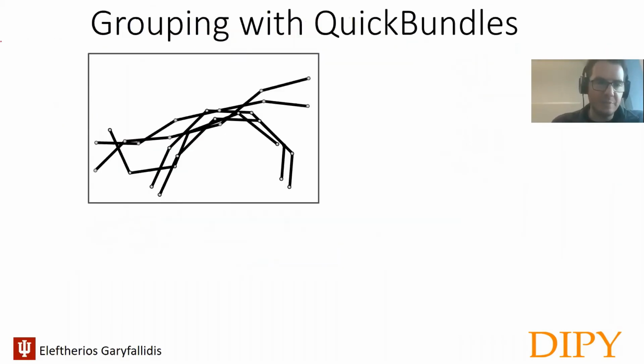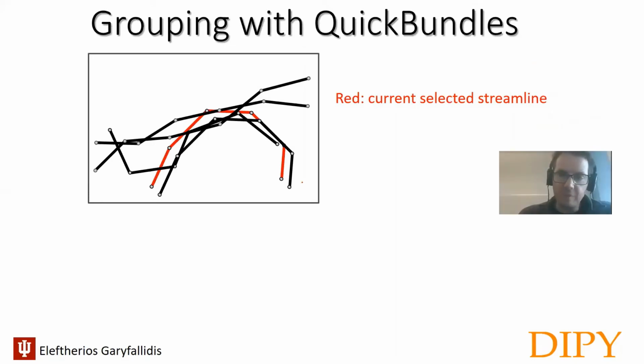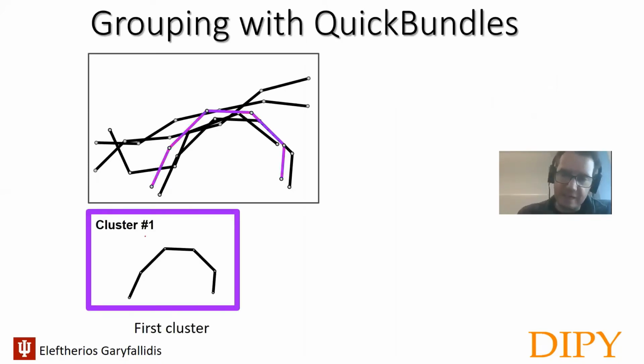So imagine this problem here. You have a bunch of streamlines and you want to find clusters on those streamlines. Now you can basically pick one randomly. Randomness is very important for this method. You pick one randomly, and then that first becomes the first cluster, and that streamline the first centroid.